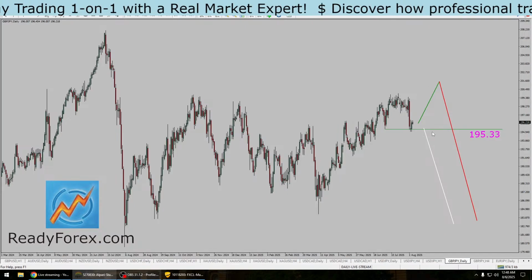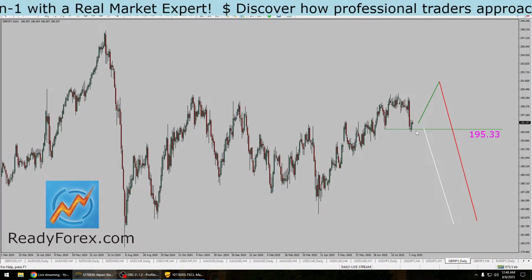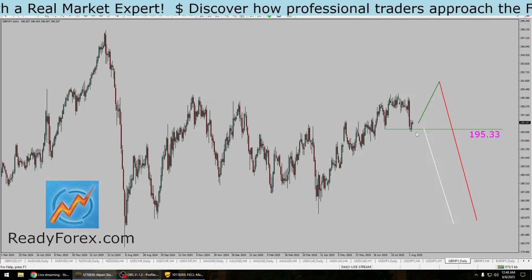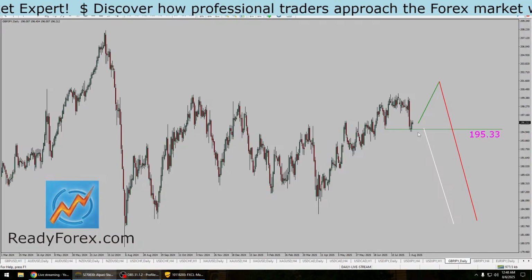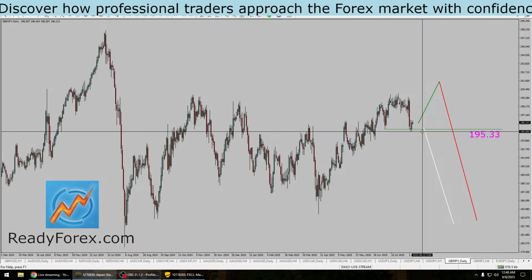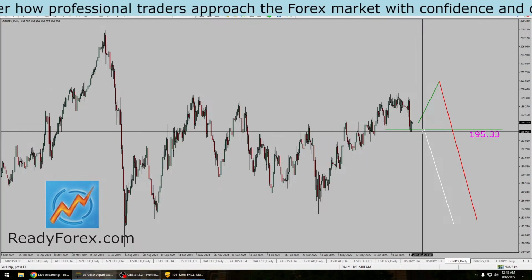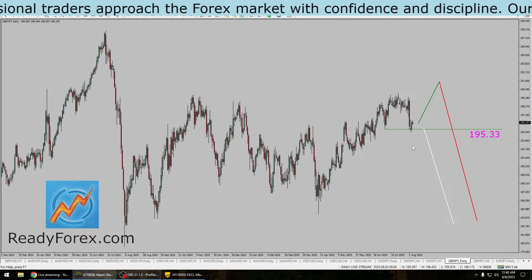However, we could get a failure over here. Now the idea over here is to wait for the price action to close bearish candlesticks below the 195.30 level, which shows us the downside breakout or a breakdown, whatever you want to name it, and then look for a sell trade.